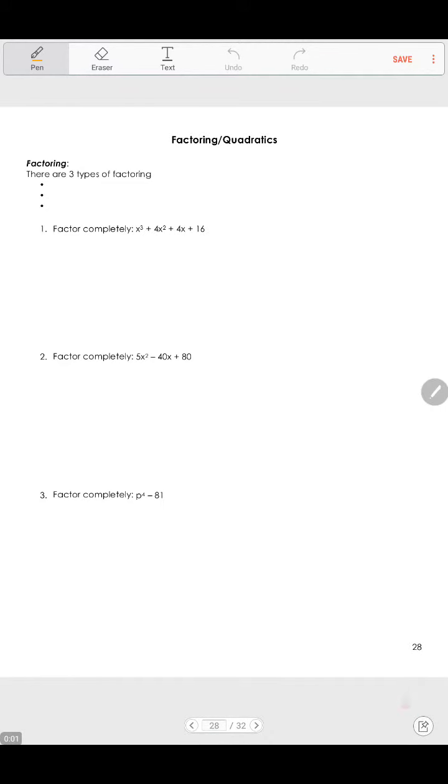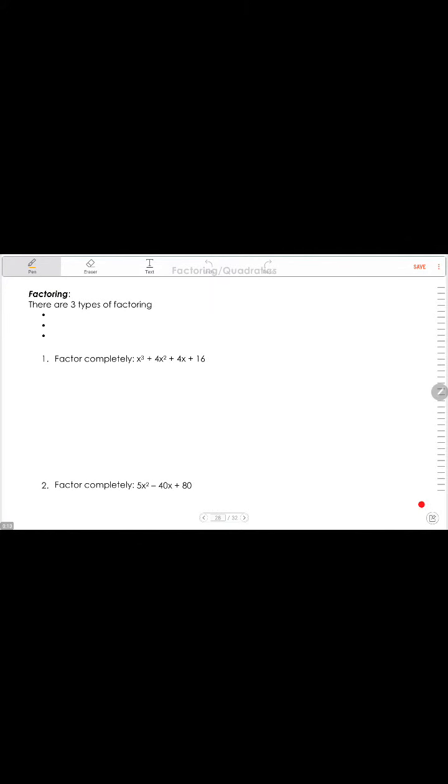Okay, so this video is on factoring and quadratics. There are three types of factoring methods we learned. Let me change the orientation. Okay, so the three types of factoring we learned are GCF, and this can happen with any number of terms.